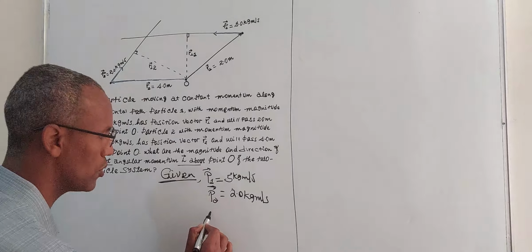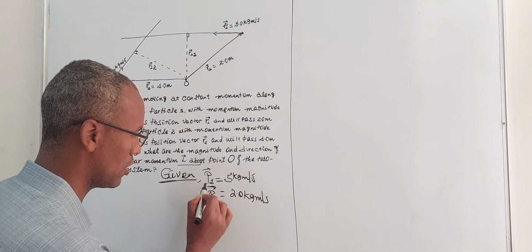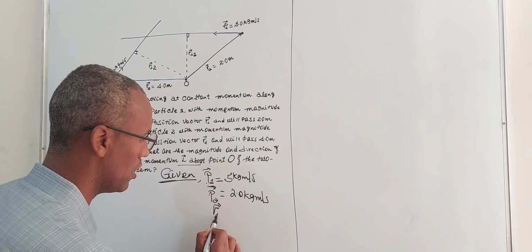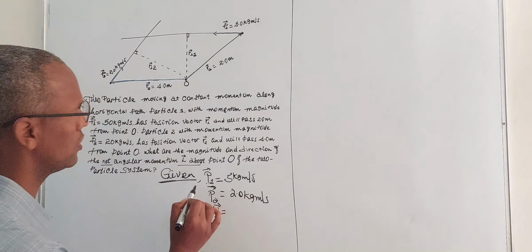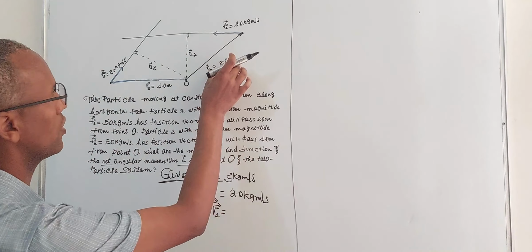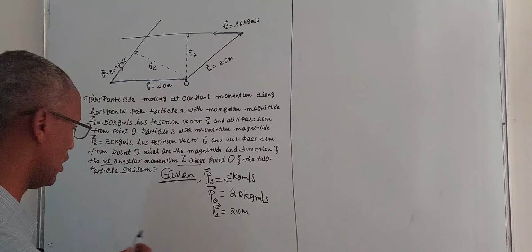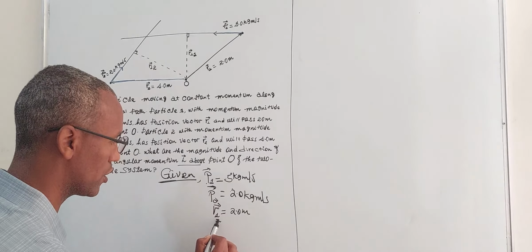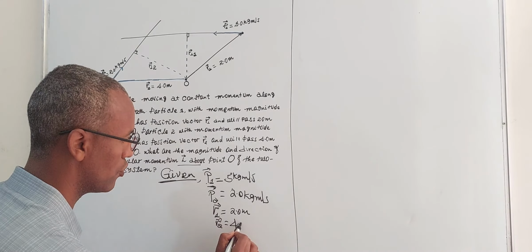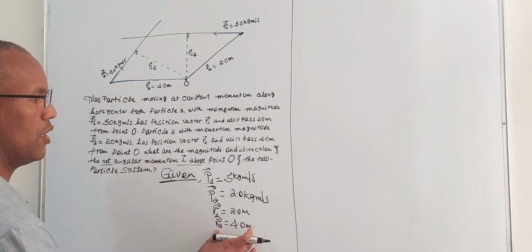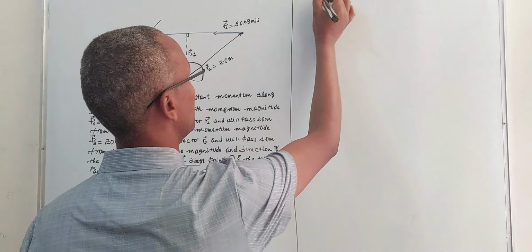Then the position vector for particle one, r1, is equal to 2 meters, as you can see over here, and the position vector r2 is equal to 4 meters. These are the given terms.